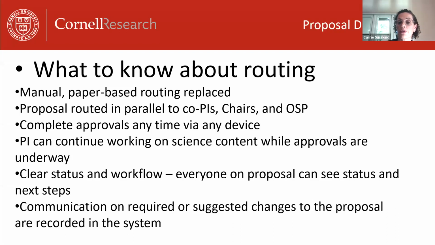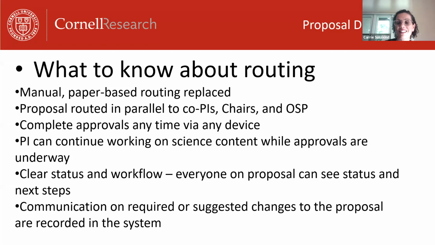So there's no specific order that those things need to happen in. For example, when you submit it, it goes out and if you have a co-PI on the project, they can open that proposal and provide their attestation, and that can happen before or even after a chair approval happens. So the system supports parallel routing.